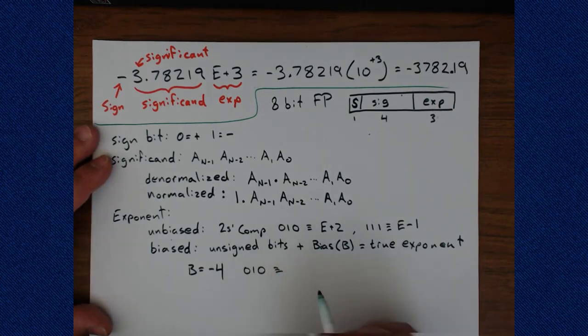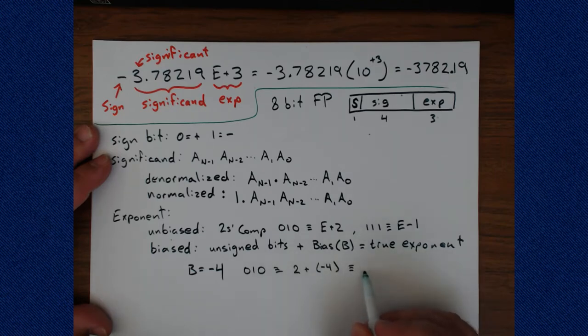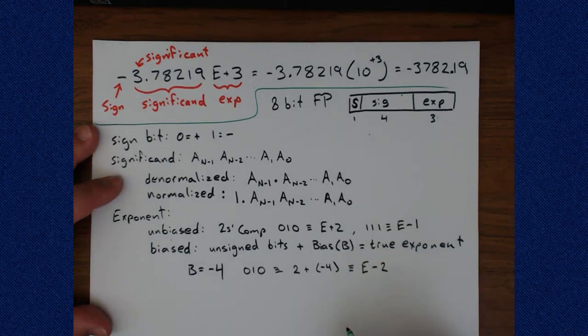And so that's going to be equal to 2, what this thing is, and then we'll just add the bias, so add -4, otherwise known as subtracting 4. And that means we really have e minus 2. Right? So the exponent is -2.